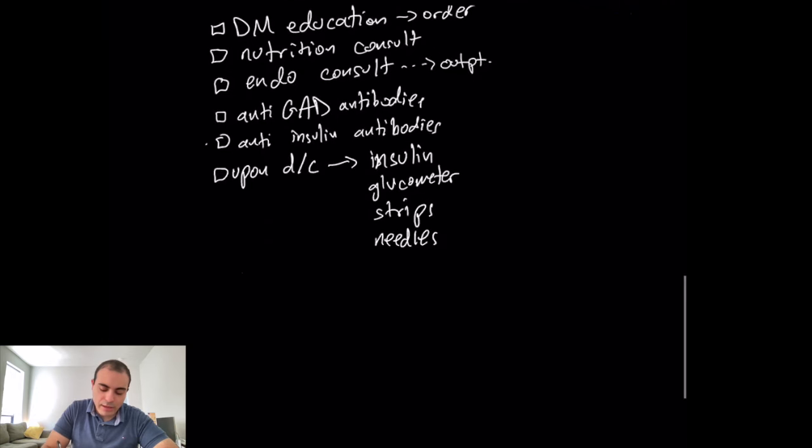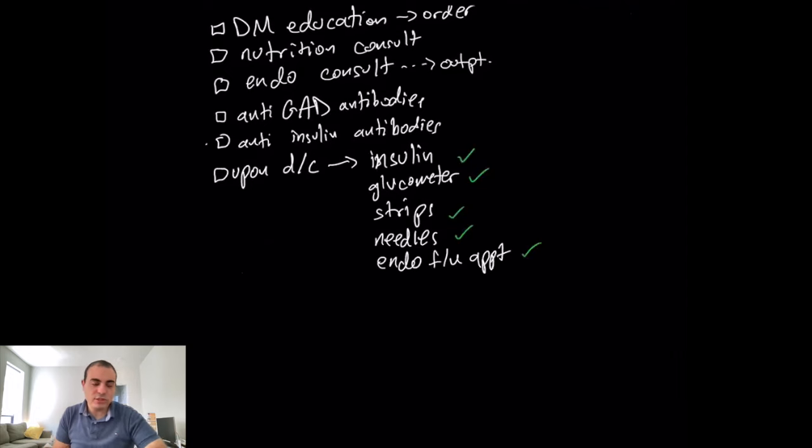And then they have an endo follow-up appointment. You really have to check that they have all these, or else if you send them without insulin, they're just gonna come back right away. Really the most important part is to make sure that they have their insulin and the follow-up appointment with endo.